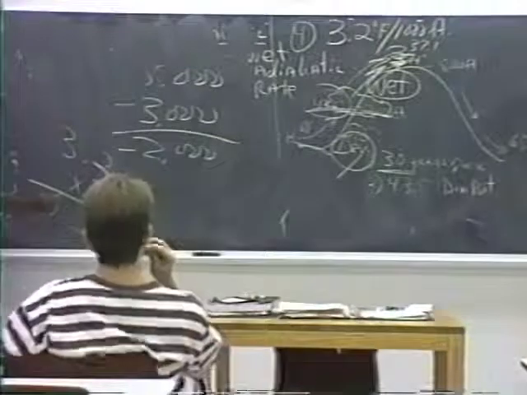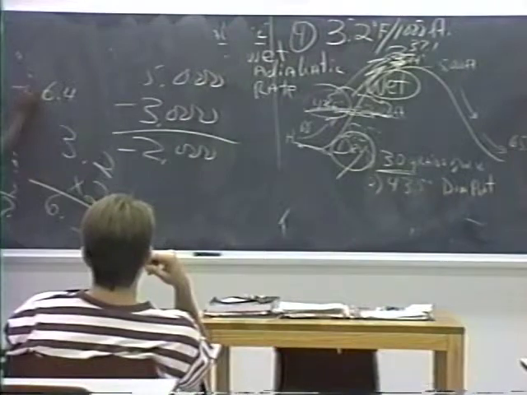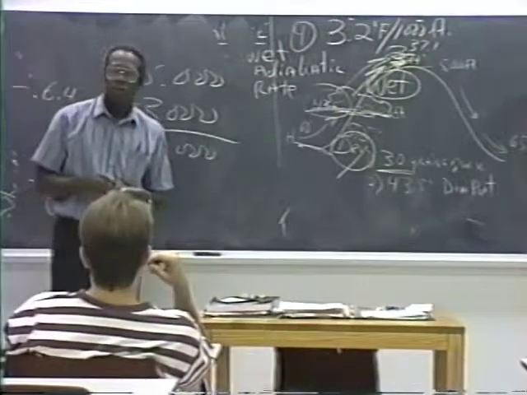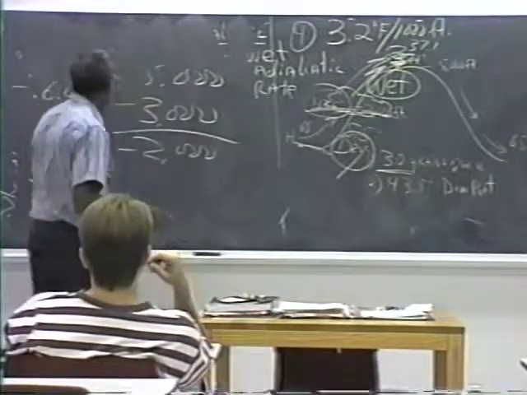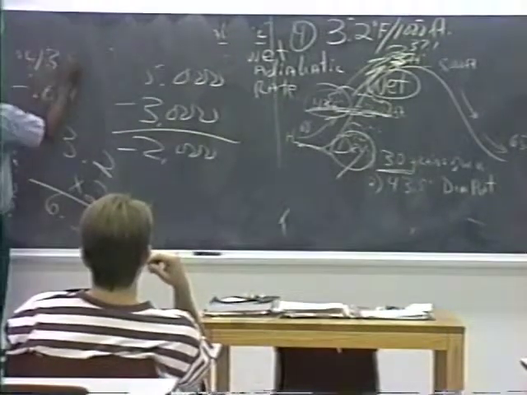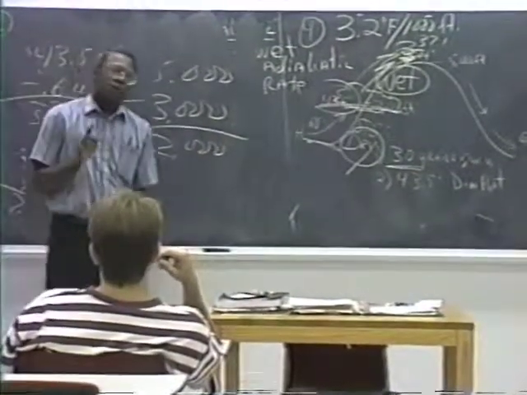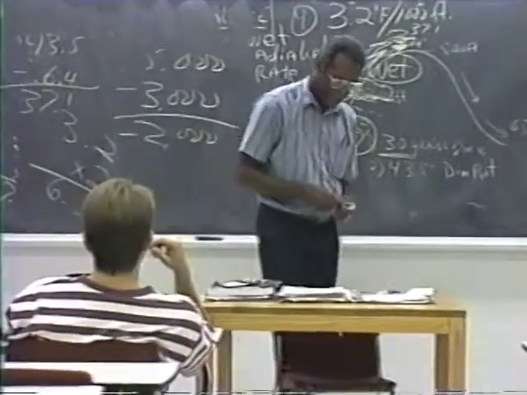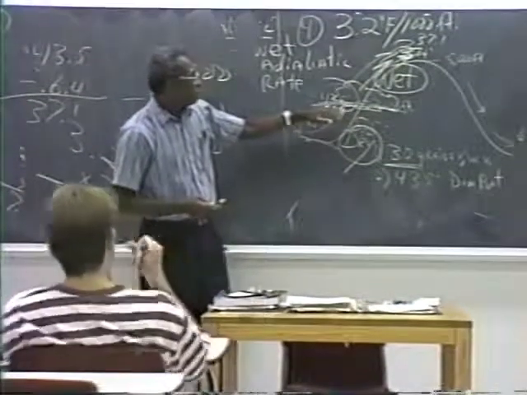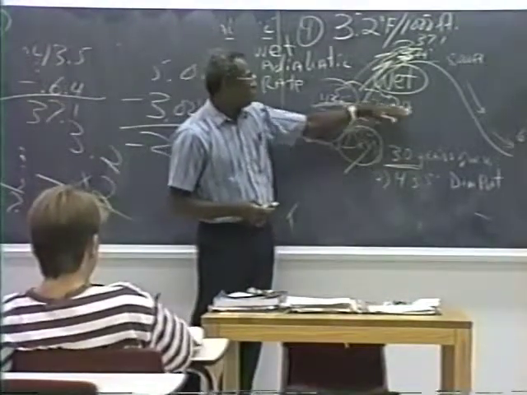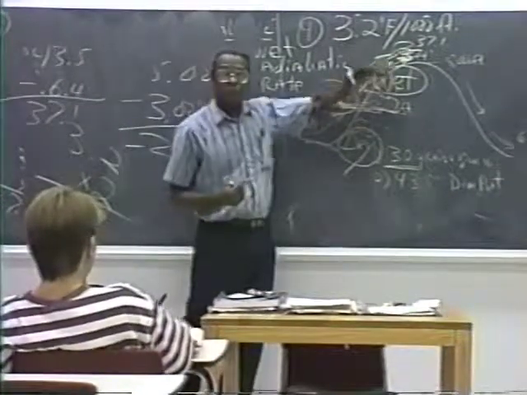And so you do it the same way as you did before. You subtract 6.4 from what? 43.5, because this is where we're at. Okay, and you would get 37.1. So when you get your exercise, keep in mind that when you get to the dew point elevation, number one, you have to find out how much further up you have to go.